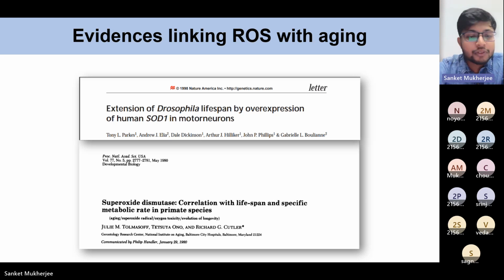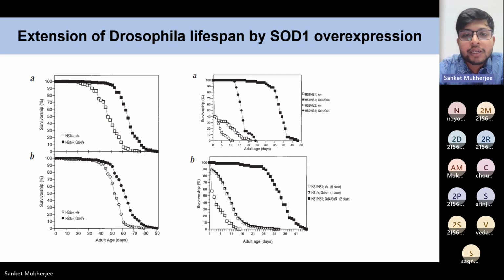So the first paper talks about extension of Drosophila lifespan by SOD1 overexpression. Essentially, in this paper, the authors took SOD null mutants of Drosophila. SOD null mutants means they cannot produce SOD by themselves, right?